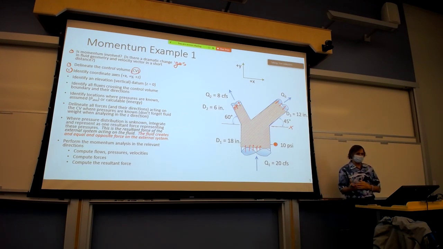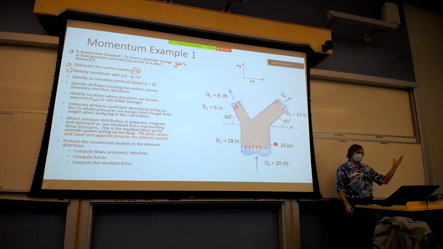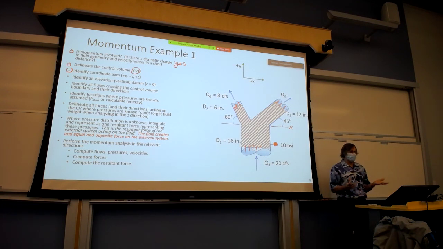So pipe 3 is 45 degrees off of this horizontal X direction, and pipe 2 is 60 degrees off that same horizontal direction. Or we could have referenced them with respect to the Y direction. So pipe 1 is collinear with the Y, pipe 2 is 30 degrees off the Y, and pipe 3 is 45 degrees off the Y. So again, X and Y can be anything you want, but don't make it difficult on yourselves. Any questions?